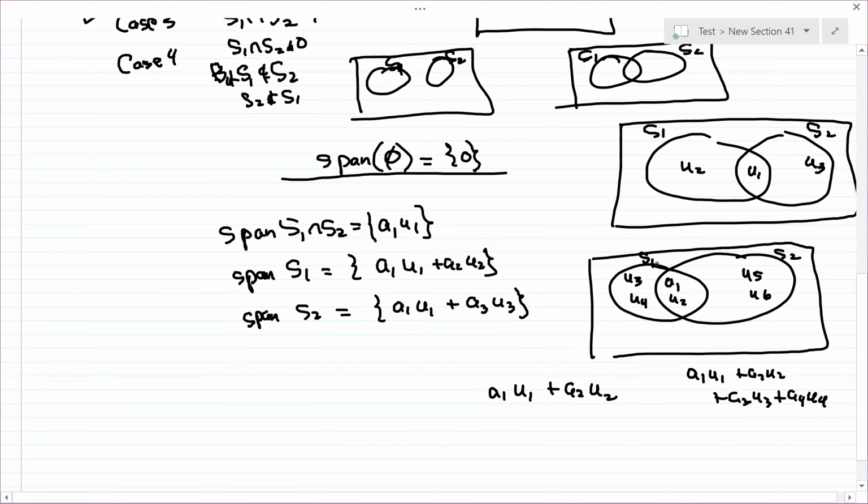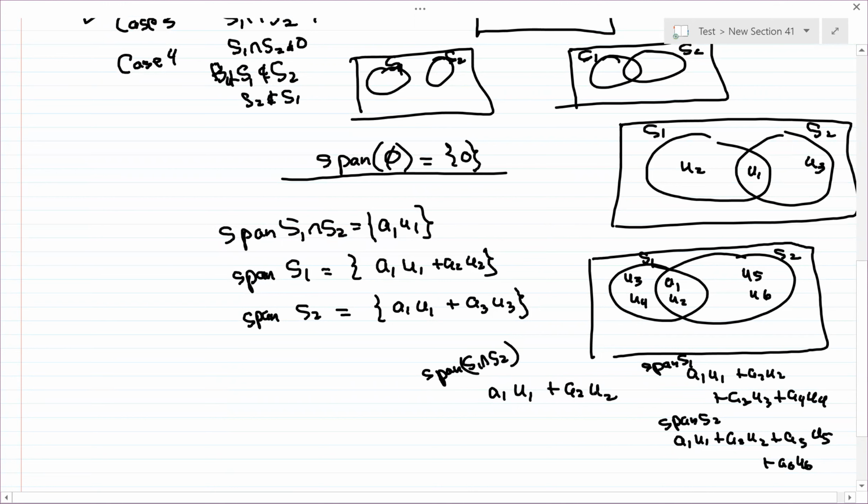That's what's in the span of S1. So the span of S1 looks like things that look like this. What would be in the span of S2? A1 U1 plus A2 U2 plus what? A5 U5 plus A6 U6. So this would comprise the span of S2. This is the span of the intersection.